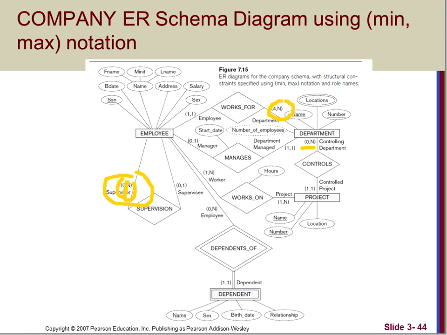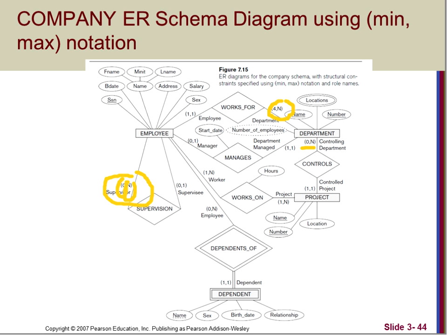So in your project A, page 2, you can use the min-max notation or you can use the general notation. So it doesn't matter. Also, if you want to use a different notation, totally fine. Depending on your tool, it can be Crow's Foot notation or UML notation, it's totally fine. So you can use any notation.